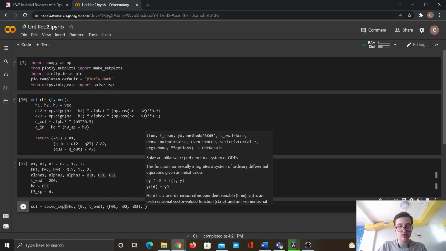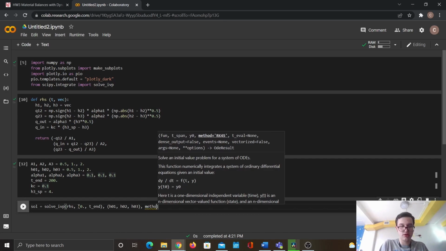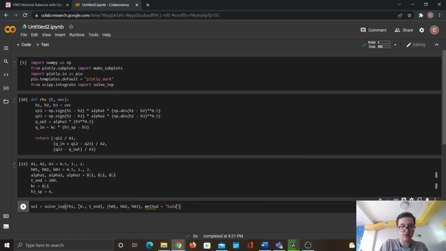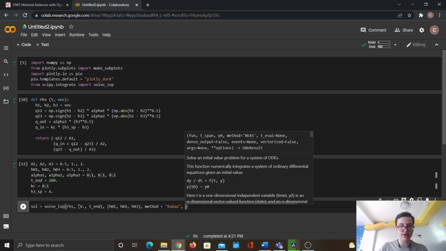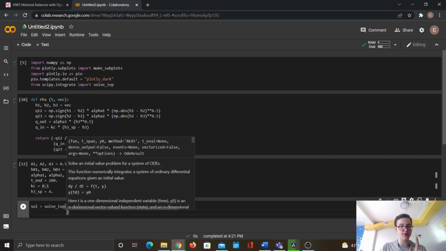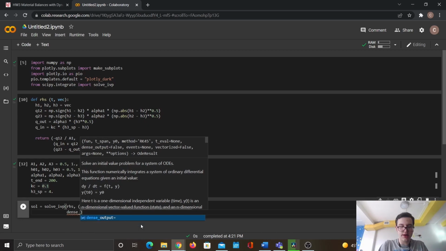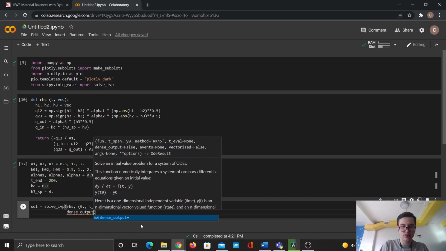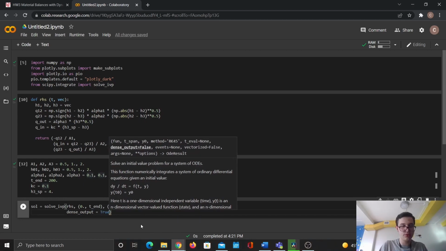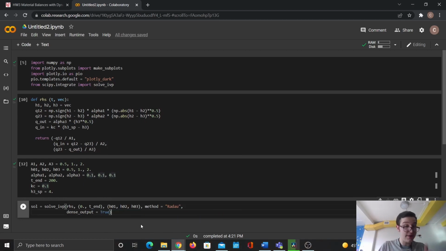We want a method. Method is equal to Radau, which is a slower method, but a very precise method. I'm going to space here because otherwise we're going to start running out of room. Now, towards the end, we want dense output. Dense output equals true, and that should finish it.